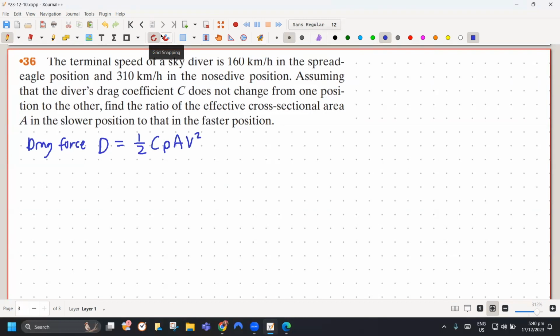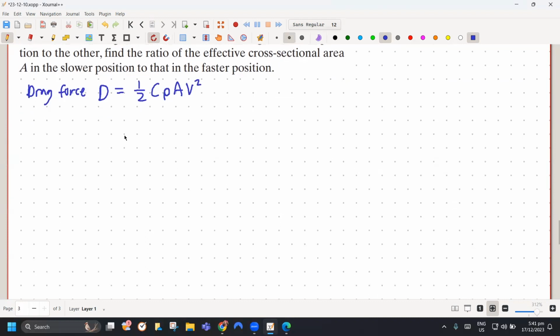For this problem, we can just write the drag force as a constant times A V squared. Instead of C, use K, because C is confusing with the big C. So use a different notation.